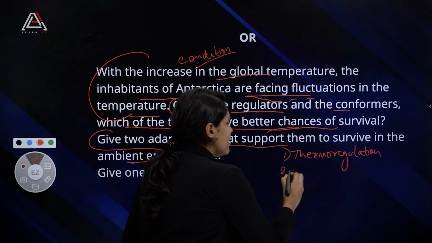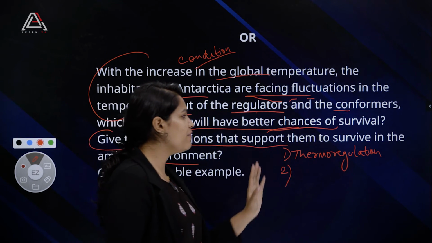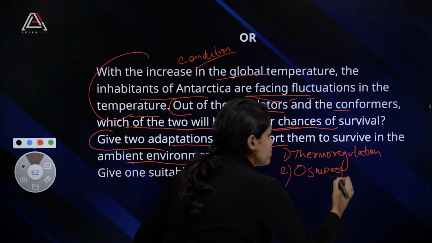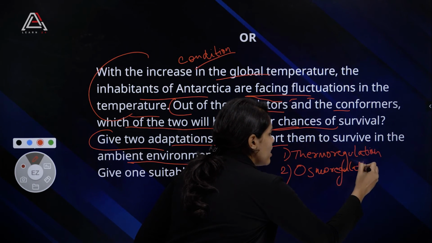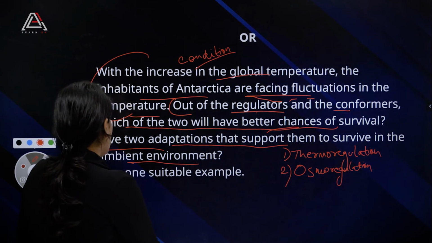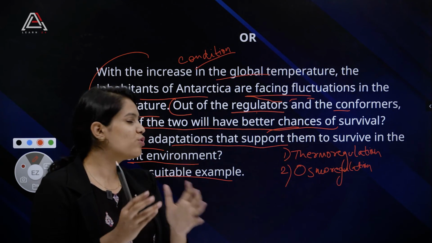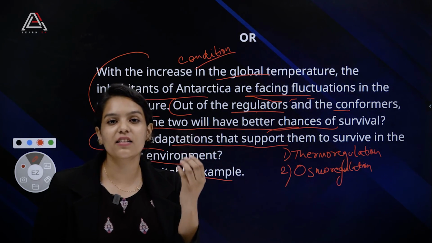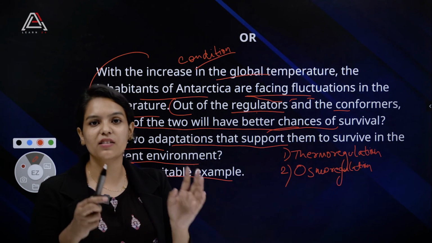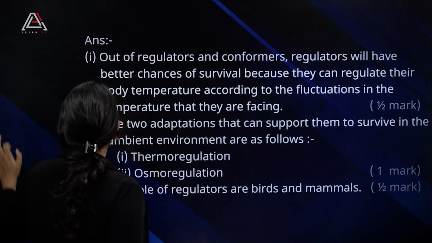So if you have that adaptation, then definitely you will be able to survive in the extreme condition. Also, osmoregulation. What is osmoregulation? Osmoregulation is nothing but maintaining the water content in our body. Fine, perfect. Now the next part of the question is, give one suitable example. The most common, perfectly put together example in the NCERT book is that of a bird and the mammal. Alright, let's see the answer, guys.